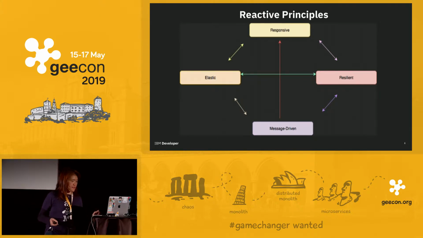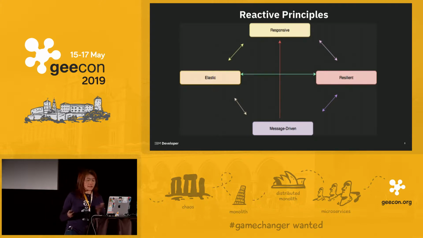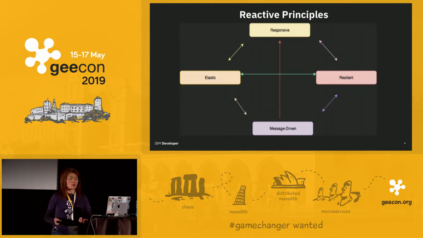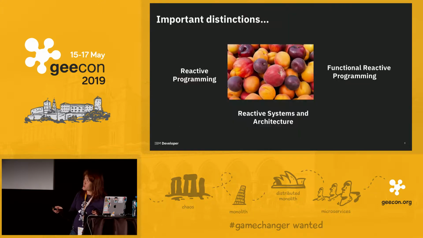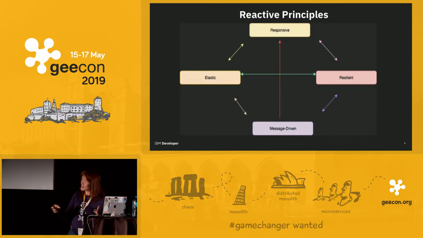So responsive systems focus on providing really rapid and consistent response time, and also establishing some reliable upper bounds. Then they deliver a really consistent quality of service. And that's responsive.